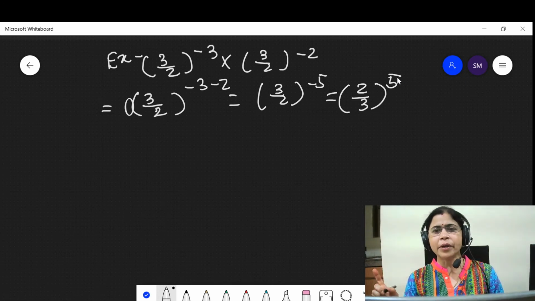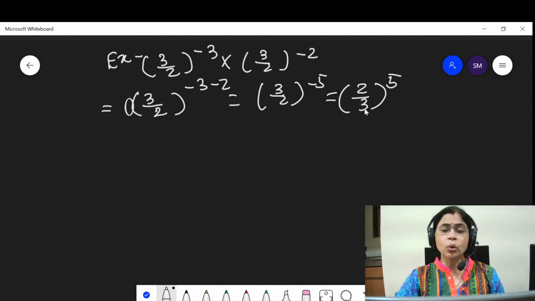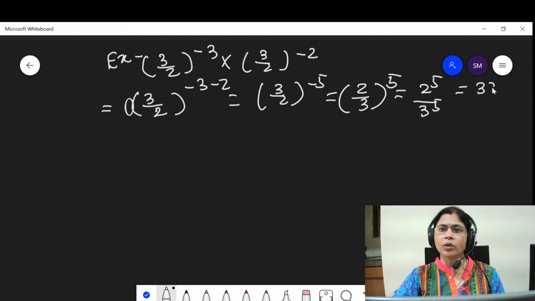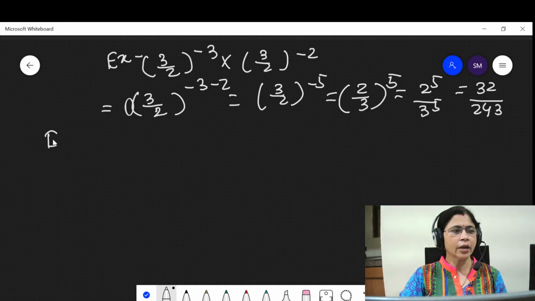When you keep all these theories in mind, it will be easier for you to solve. This is equal to (2/3)^5, which is 2^5 upon 3^5, which is 32 upon 243. 3 to the power 5 is 243. Yes, this is 243.